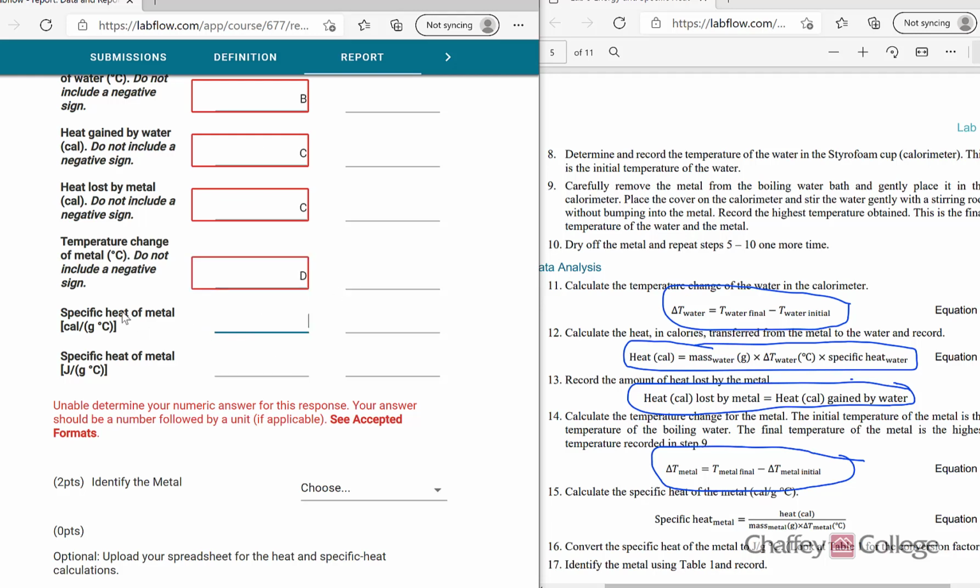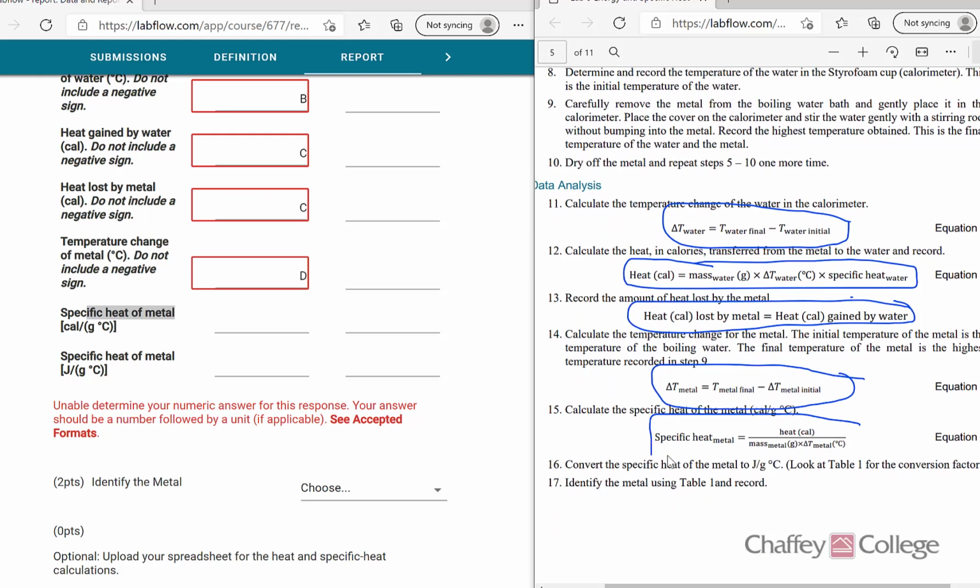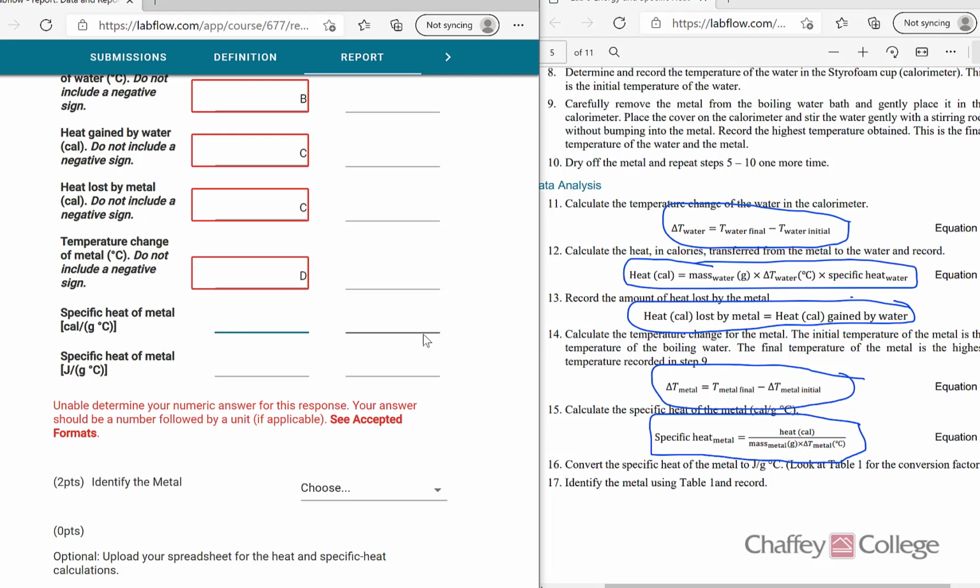Okay, so finally we calculate the specific heat of metal in calories. This is the formula. Specific heat equals heat divided by mass times delta T metal. Heat we already calculated, heat lost by metal.